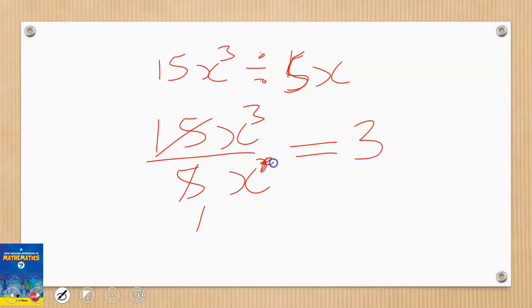Now we have only one x down here, so it will divide one of the x from the top to give you x to the power 2, or it's more or less having x cubed minus 1, which will give us x exponent 2. So this is how we handle division.